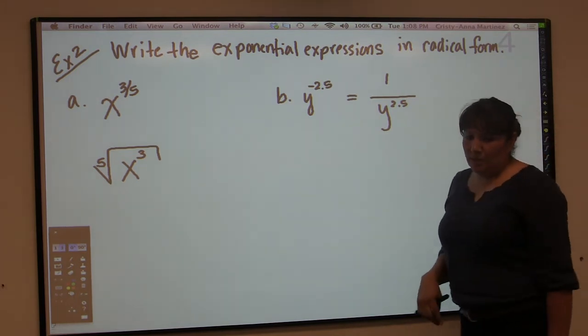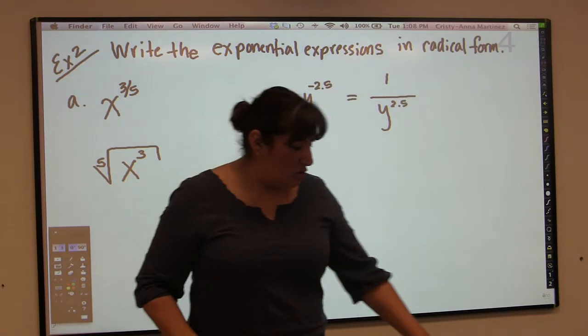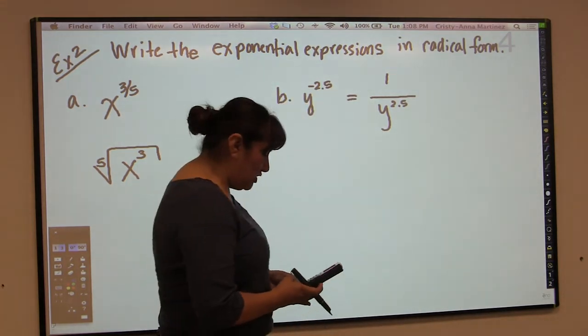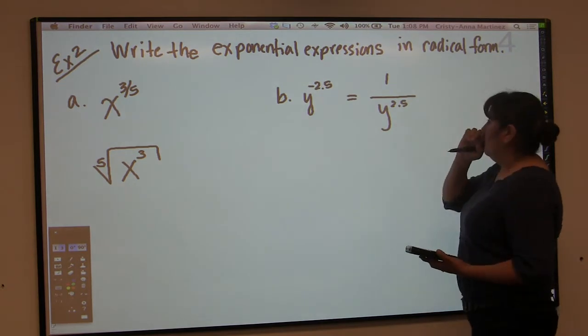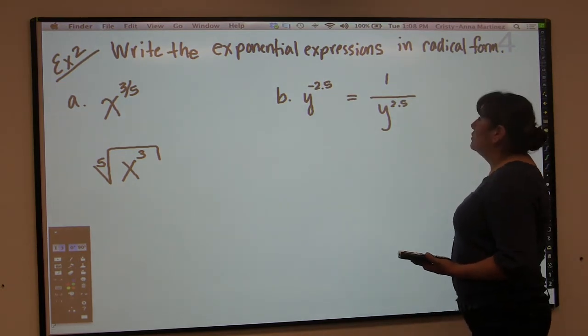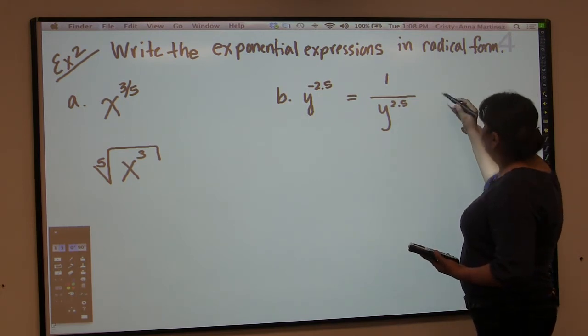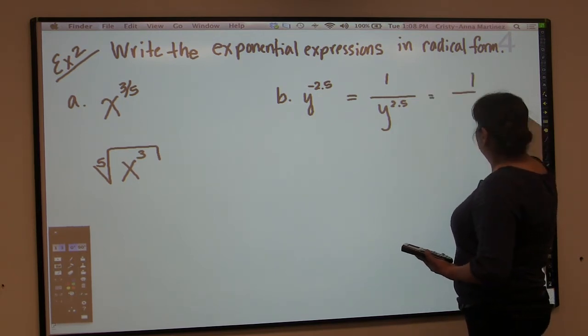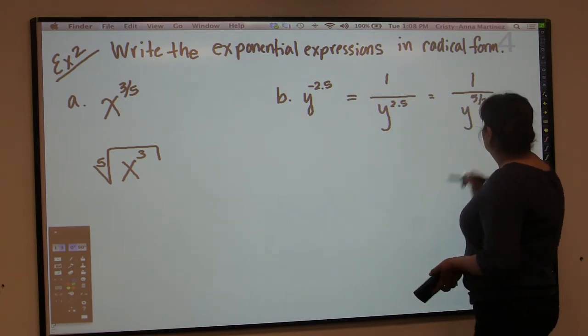But the other problem is that we don't have a fraction for 2.5. You want to take 2.5 and write it as a fraction because that's how we're going to get the radical expression. So 2.5 can be written as 5 halves. So we're going to write 1 over y to the 5 halves power, like that.